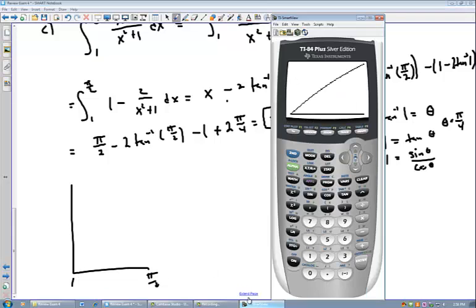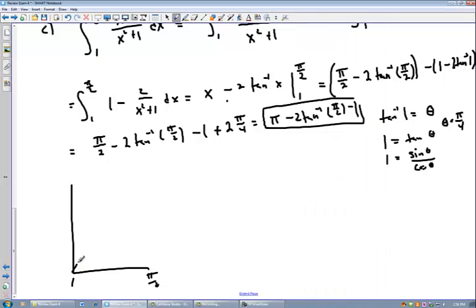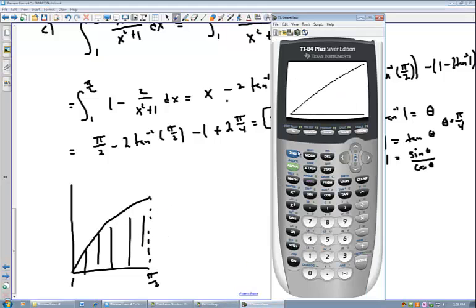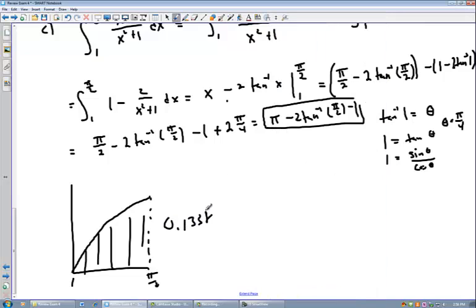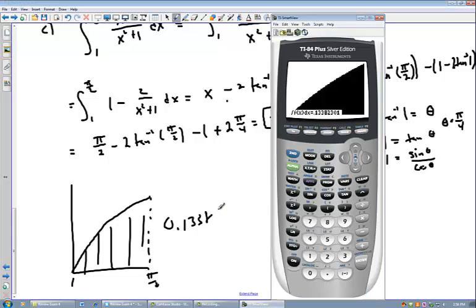And it goes down here and goes up here. And we're trying to find this area. And my calculator says it's what? So let's see what the calculator says. Second trace. We can check our answer, see if we made a mistake. We went from 1 to pi divided by 2. And so this says this area is about 0.1338 2301.